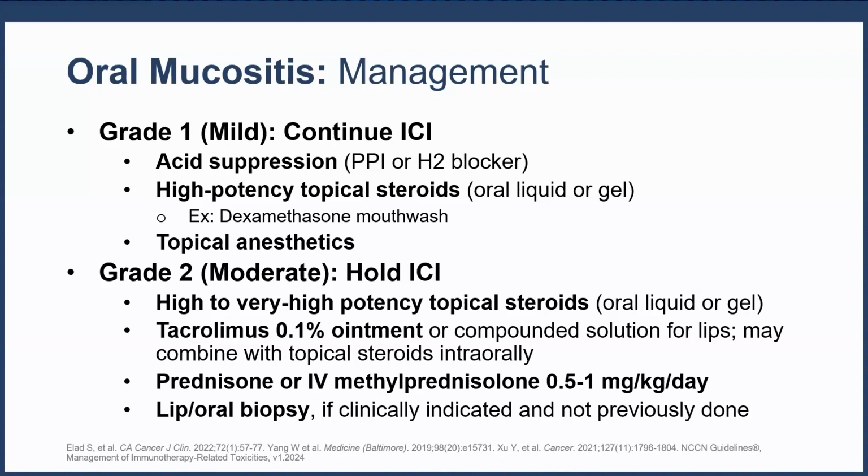Preferably a gel would be best. There are fluocinolone formulations that are gels that are very high potency topical steroids. Sometimes those are hard to access or get. And so in certain situations, there have been opportunities to compound a steroid cream or gel.